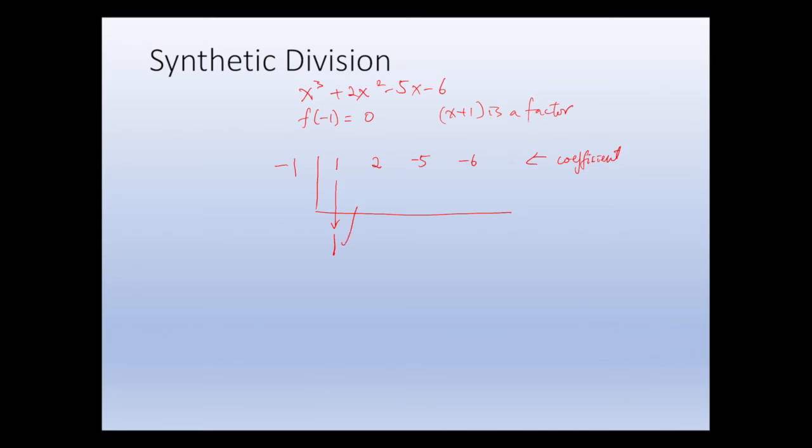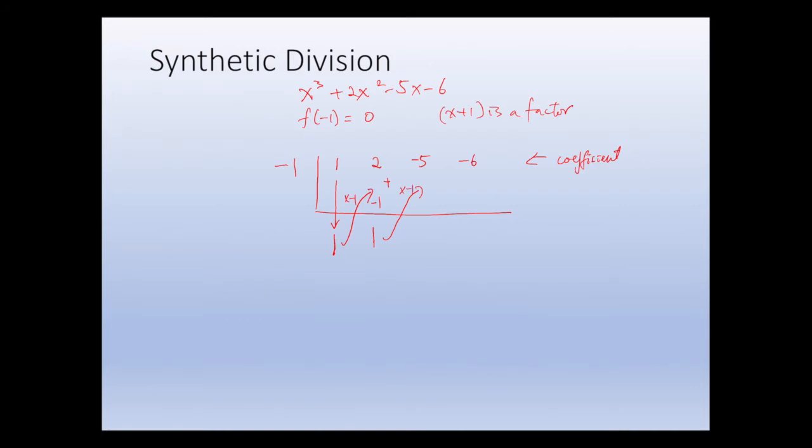So now, the first thing you need to do is to bring the coefficient of x cubed down. It is 1. The next thing, multiply 1 by minus 1. Once you multiply by minus 1, we get minus 1 here.